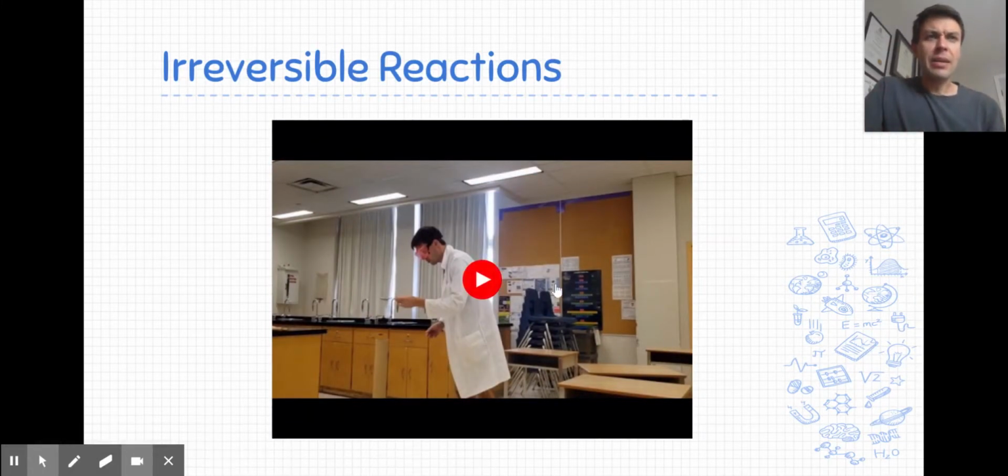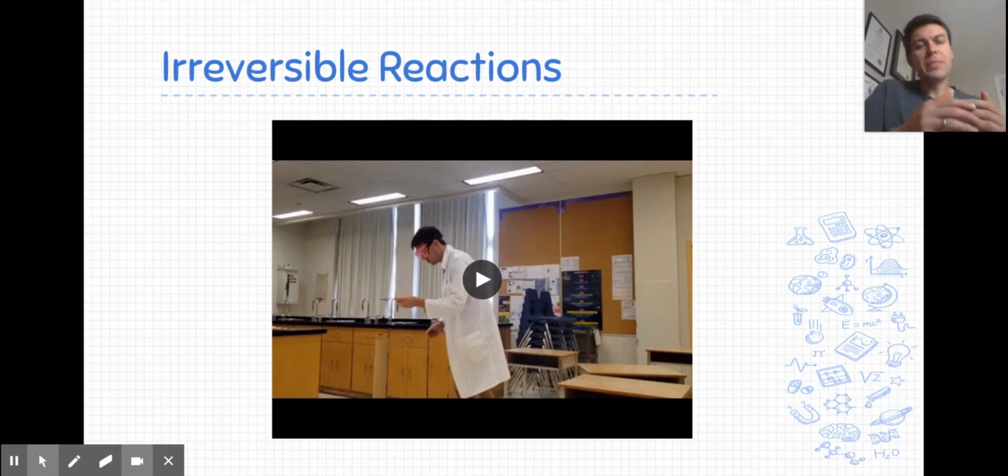So that's an example, a combustion reaction, of an irreversible reaction, a reaction that goes to completion, and once the products are formed, they will never spontaneously go back to form the reactants.